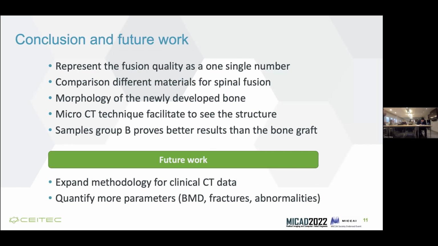And according to this approach, a comparison can also be made between different groups of materials used for this kind of vertebral fusion. Another thing we found out is that samples in group B, where the fibroblast growth factor was used for the fusion, showed better results than the reference bone graft.